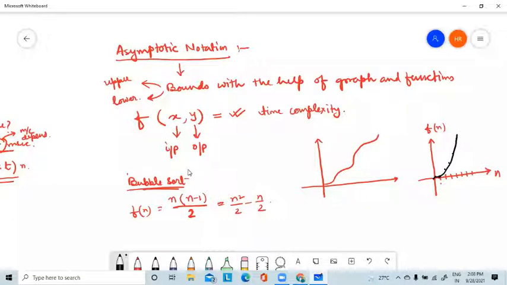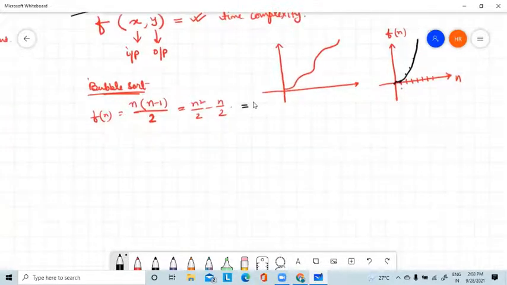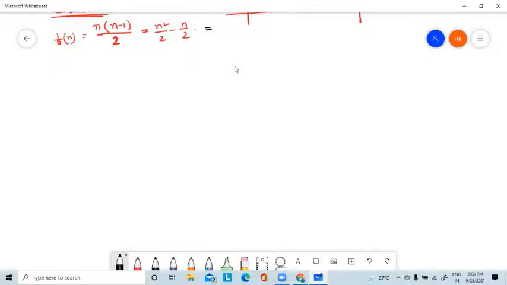But finally, we will bound them. Finally, we will represent them with some bound. And there is one upper bound and one lower bound. So these two, upper bound and lower bound, are the two different representations of an algorithm. Now let us go to the definition of the upper bound and lower bound.